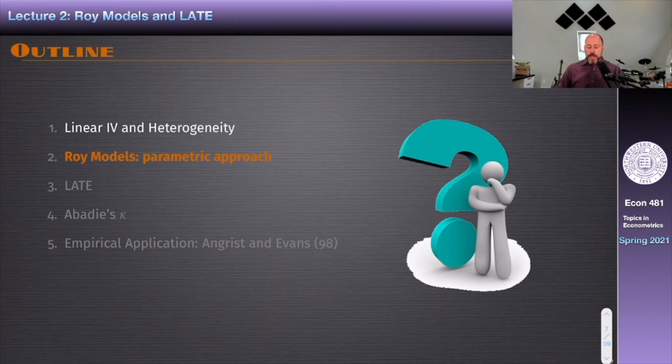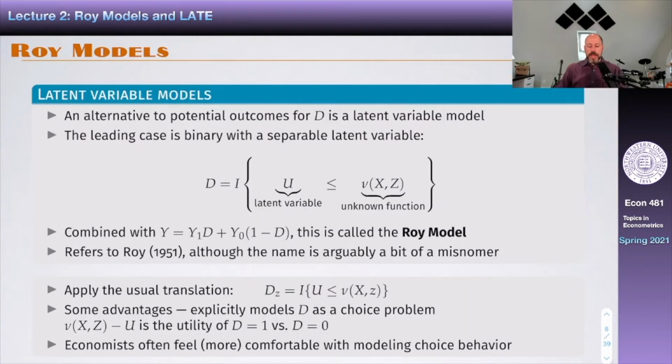Roy models use the latent variable notation framework, okay? And they are an alternative to the potential outcomes or potential treatment notation that we used before. The leading case of this is the binary case, and I'm just going to focus on that for reasons that I described last class, okay? But the idea of the Roy model is that the units are going to make a decision of D, okay?